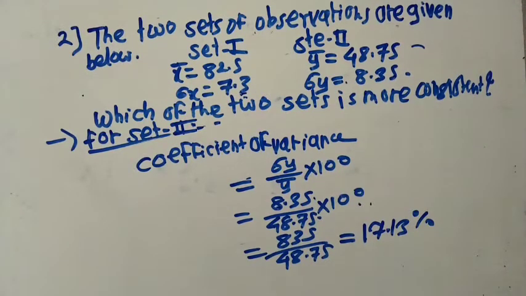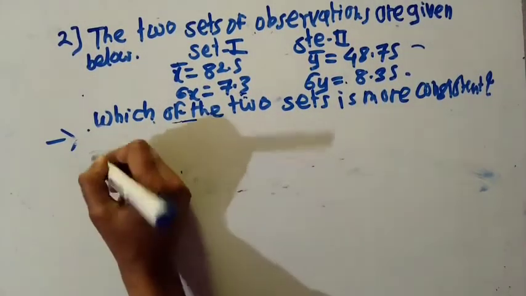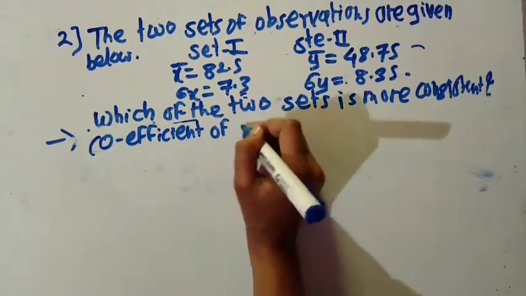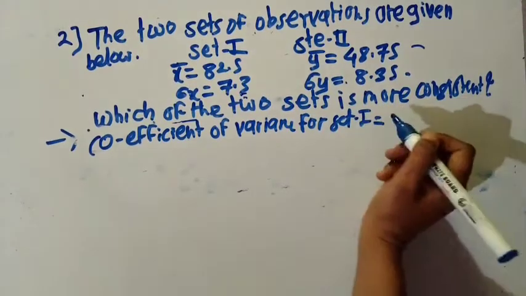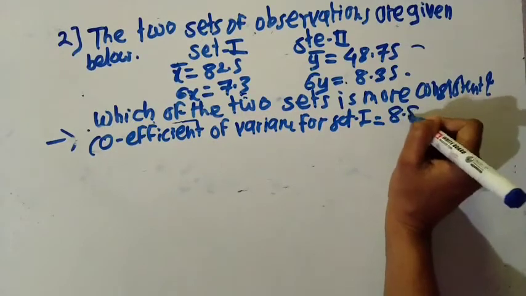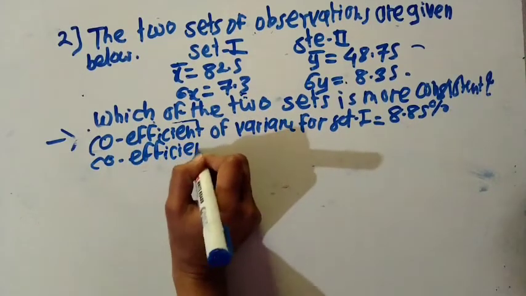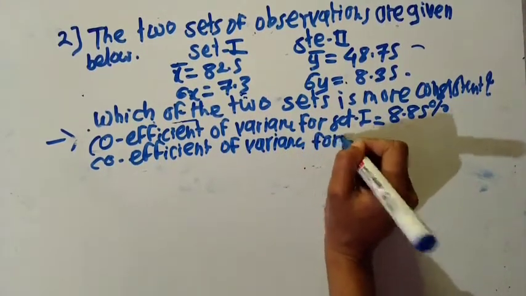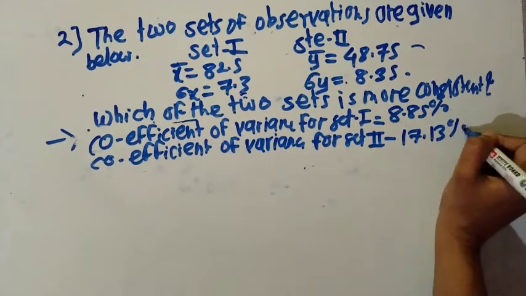Hence, write down: the coefficient of variance for set 1 is 8.85% and the coefficient of variance for set 2 is 17.30%.